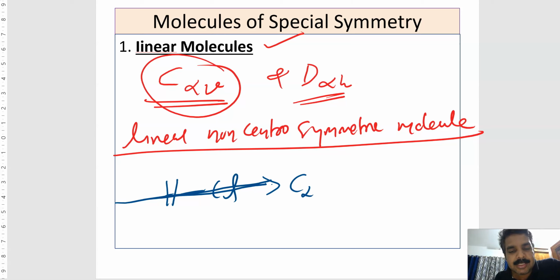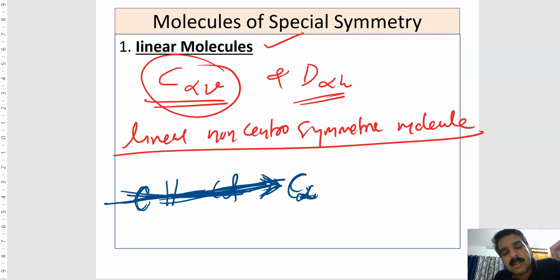You know that there are infinite number of sigma V planes along this axis. This is the highest rotation axis, C infinity, because rotation at any angle will generate the same type of configuration. Therefore, this is a C infinity axis, and there are an infinite number of planes in this axis.